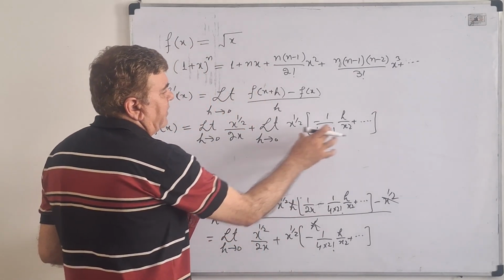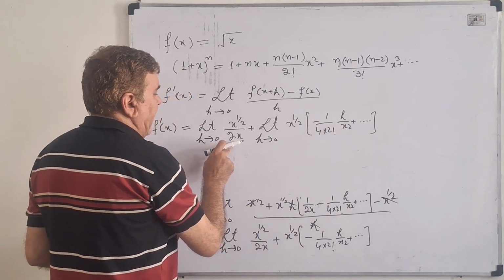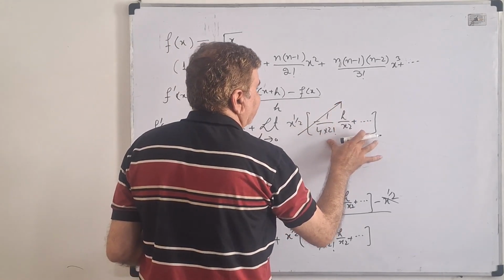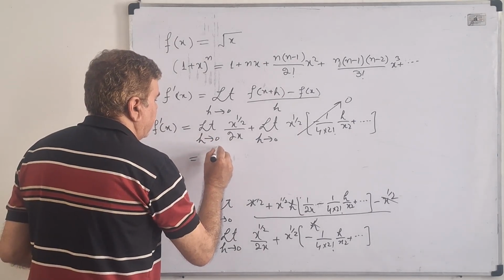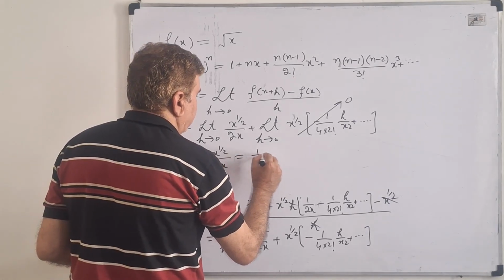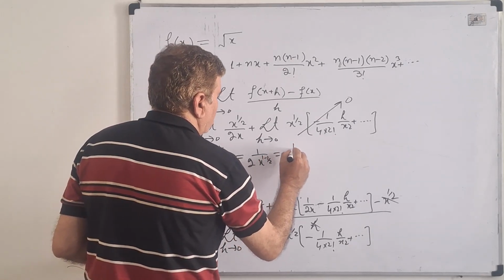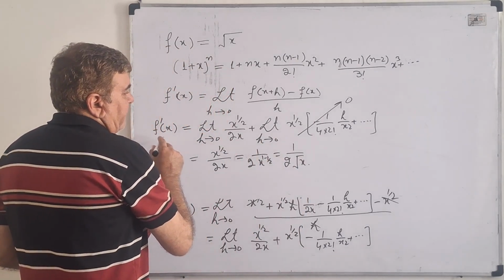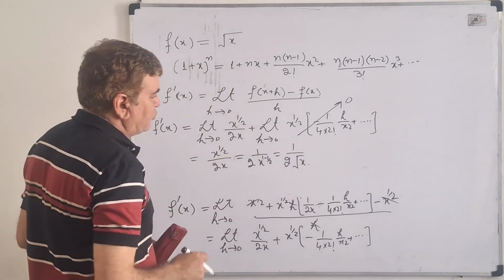If I put the limits, all these terms go to 0, and there is no h in the first term, so I'm just left with x power half divided by 2x. I can write this as 1 divided by 2 x power (1 minus half), which is equal to 1 divided by 2 square root x. So f prime of x is in fact equal to 1 divided by 2 square root x.